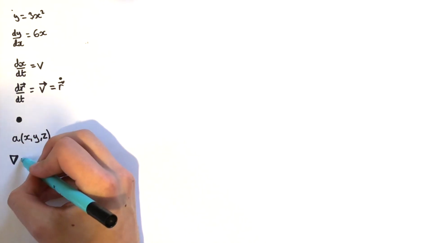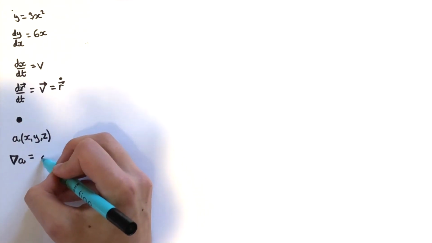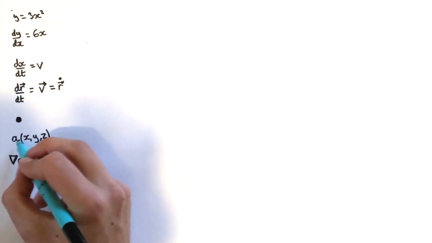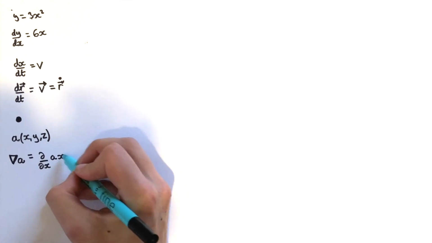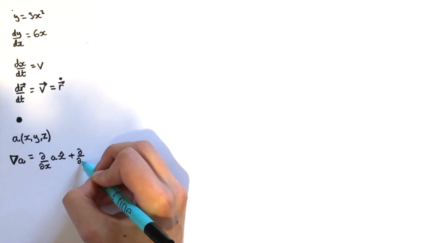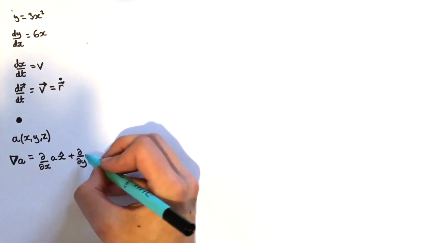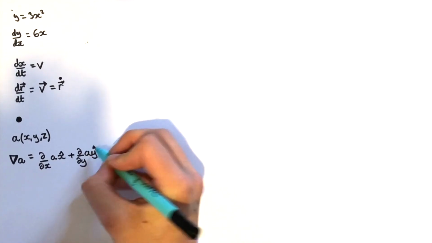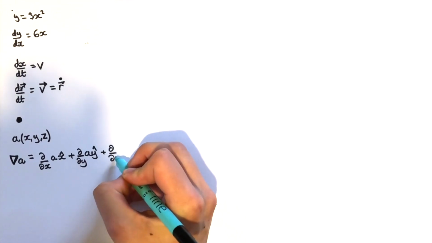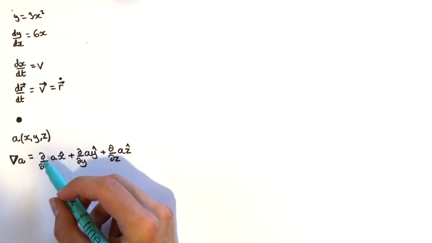We say that the del of a we can write as the derivative of this scalar right here in each direction. So basically we're taking the partial derivative. This is what this funny little curly d right here means. We're taking the partial derivative of a with respect to 3 different variables. So what we've got right here is the x derivative of a.